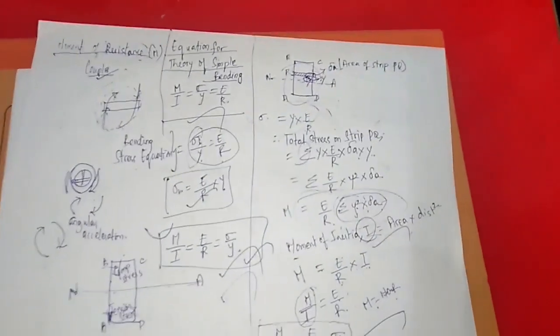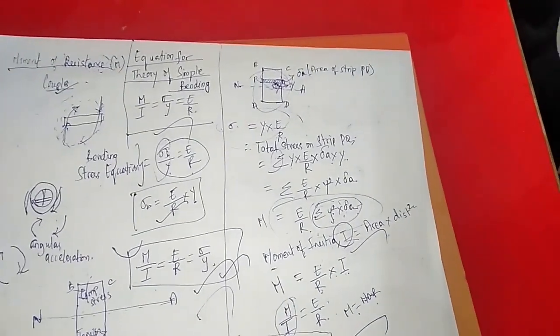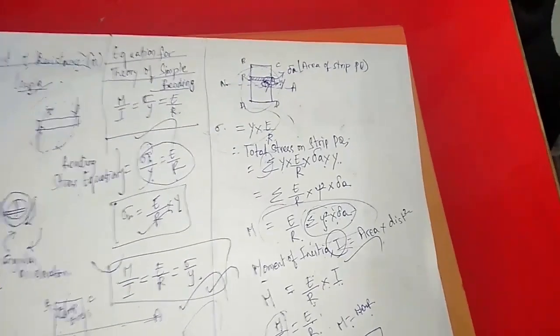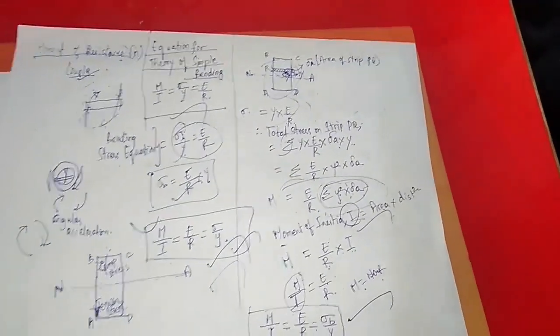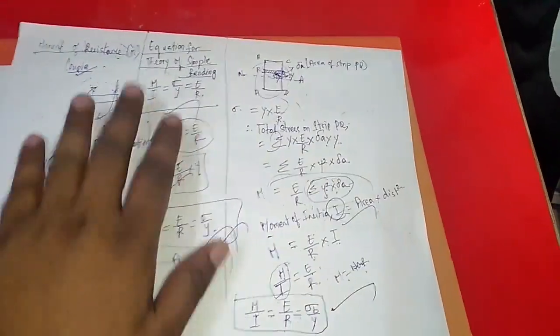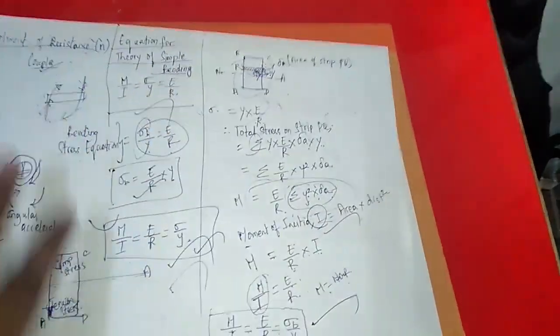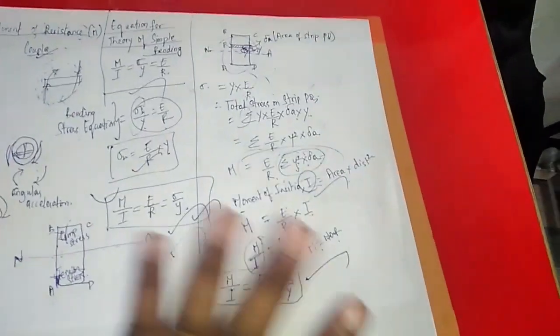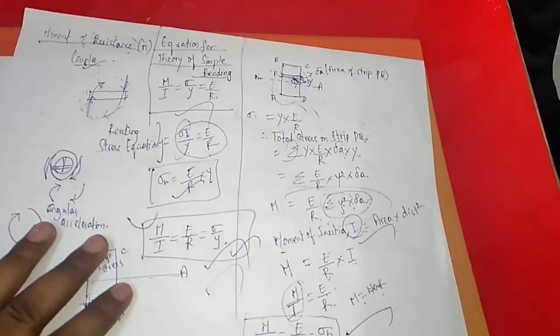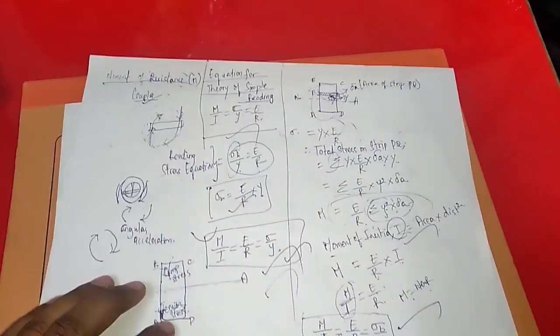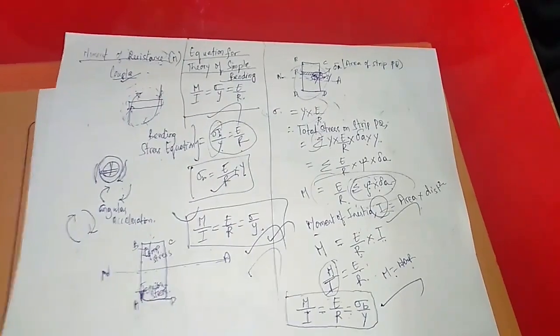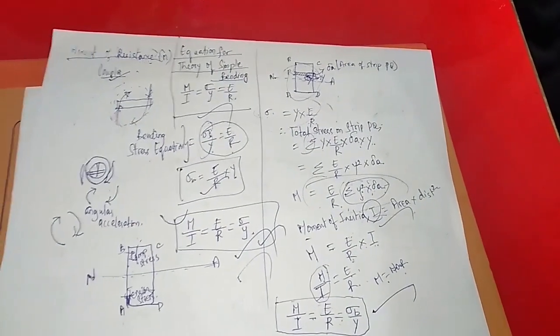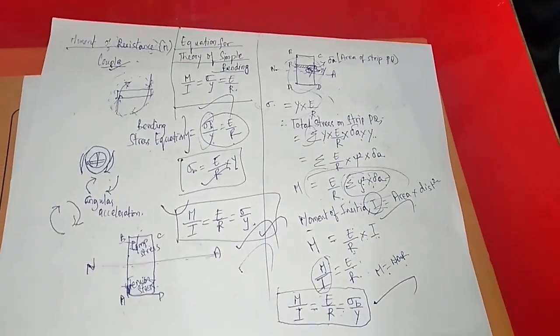For every question you can draw this diagram, and after that you can derive it like this and show. Most probably they will ask in the format of problems only.